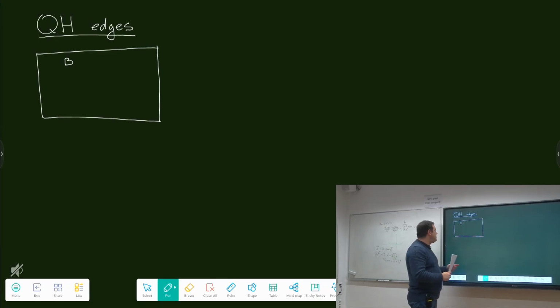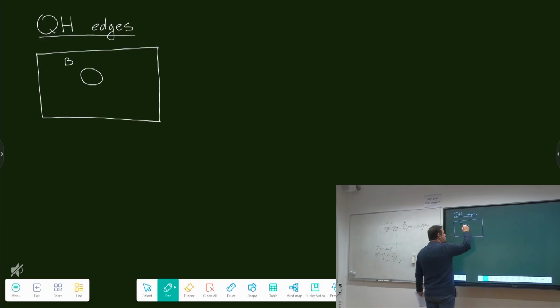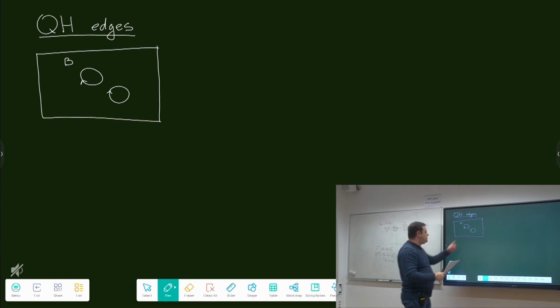So what these electrons do, they go in these circular orbits, cyclotron orbits, and they are quantized. So each of these orbits should have some integer number of wavelengths along it. That's why we have Landau levels, so only certain energies are allowed.